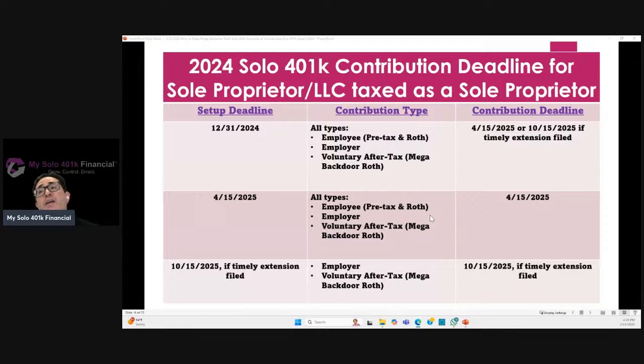But they would have to set up the plan in time to make at least the employee contributions by April 15th. Otherwise, they could set up a plan and make employer or voluntary after-tax contributions by October 15th if they filed a timely extension for their business tax return. In other words, if they filed a timely extension for their 1040.